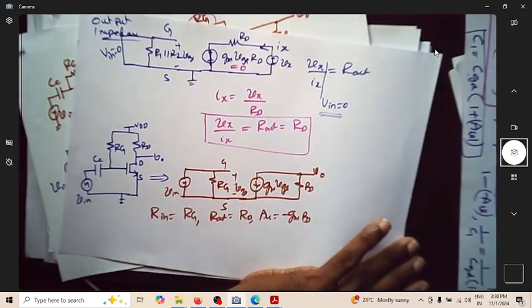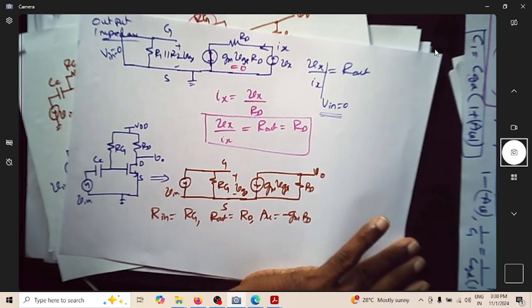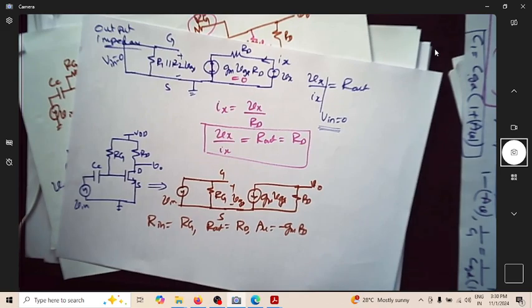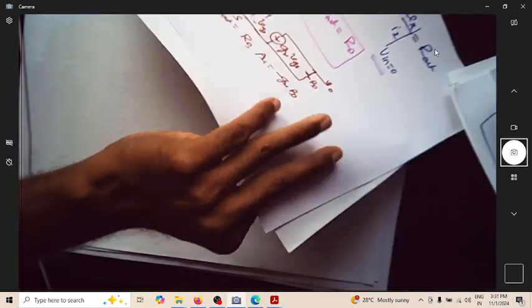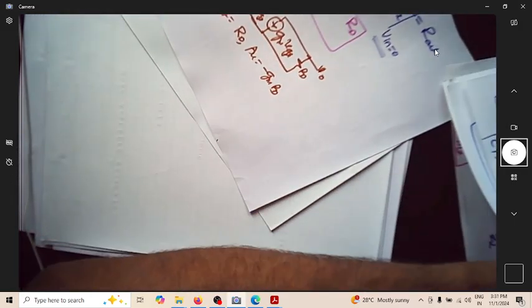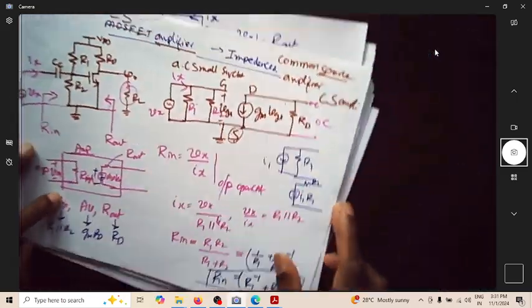When we saw the input impedance of the amplifier, I'm just looking for that specific sheet so that I can start from there and talk about the impedances. It's here. This is the thing I was looking for.